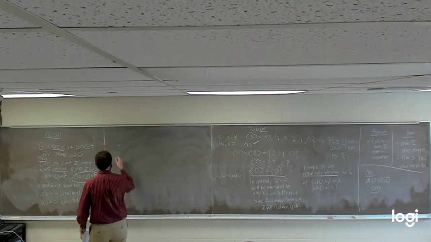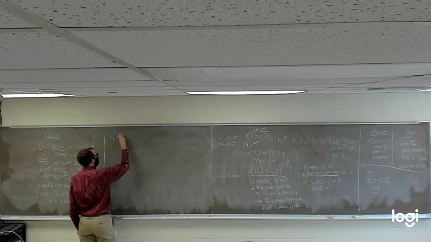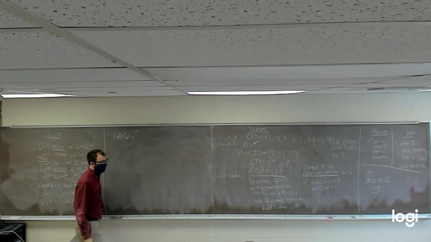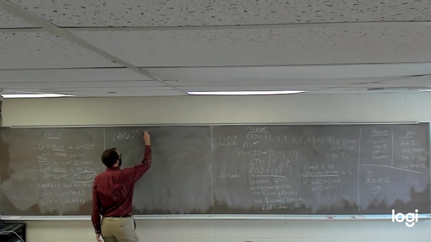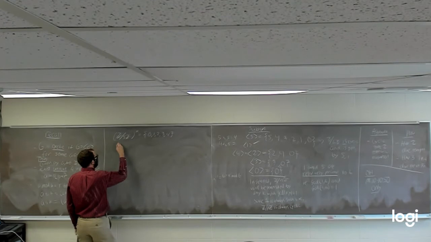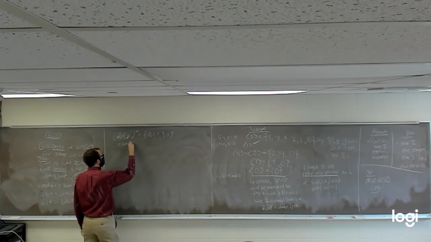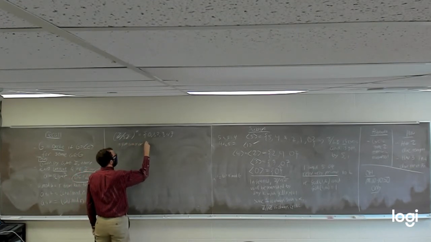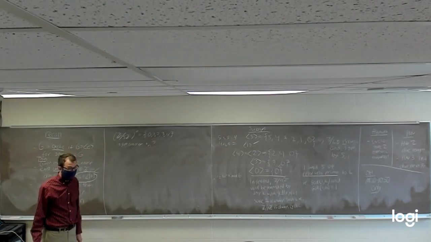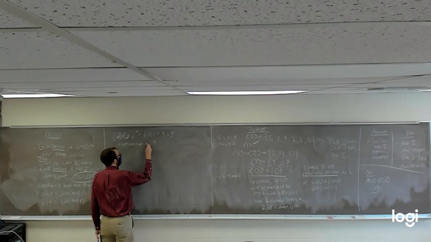Let's take a look at a couple examples. Let's say, what happens if we take away 0? So Z mod 5Z is going to be 0, 1, 2, 3, 4. I'm going to ask the question, is this a group under multiplication mod 5?